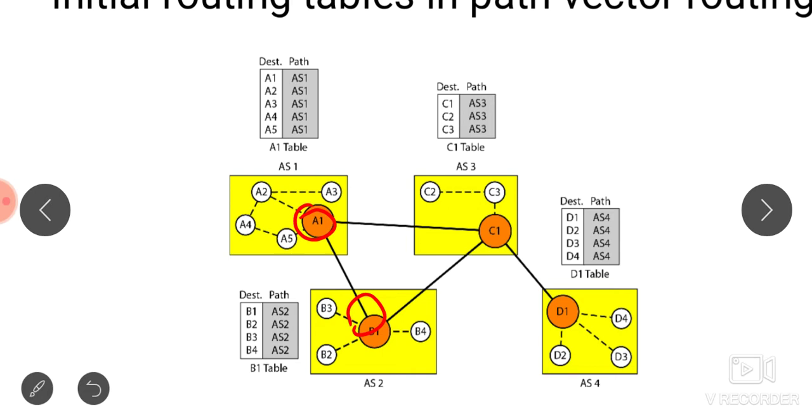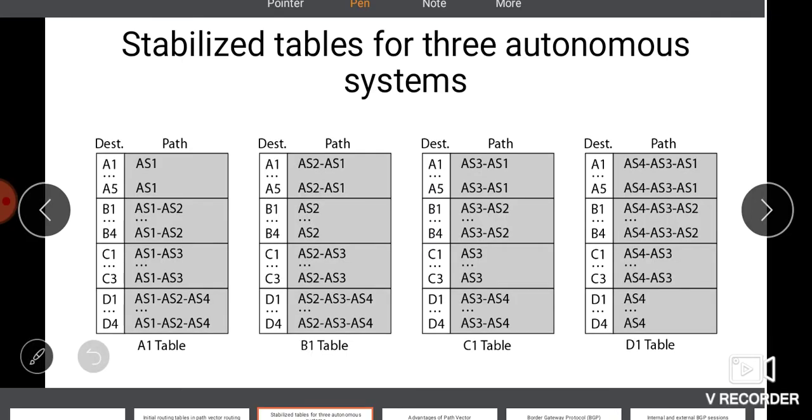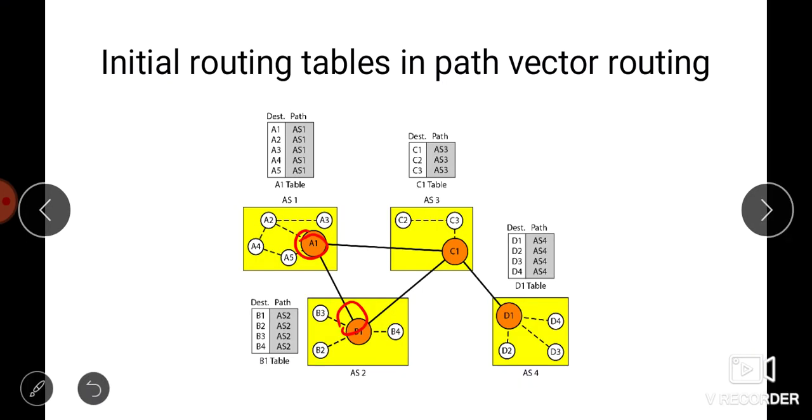So when a speaker node receives a two column table from a neighbor, as we have studied in distance vector, why are we transmitting two columns? Because one is the destination and another one is the distance.